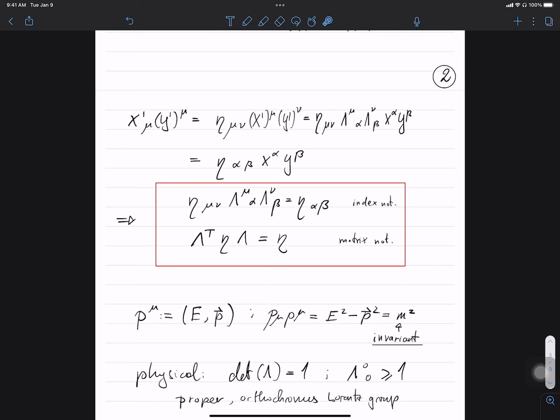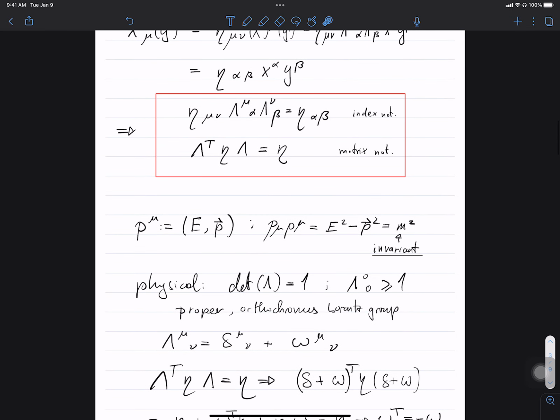So this is the defining equation in index notation, and we can write it in matrix notation by just seeing that the transposed matrix multiplying the metric tensor from one side, and the normal non-transposed matrix multiplying the metric tensor from the other side, just gives you back the metric tensor. So this is the principal equation that defines the Lorentz transformation.